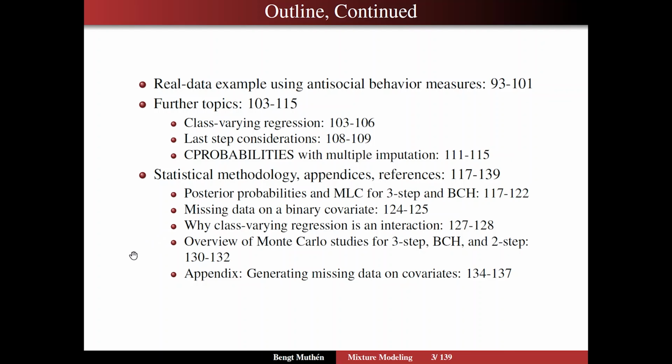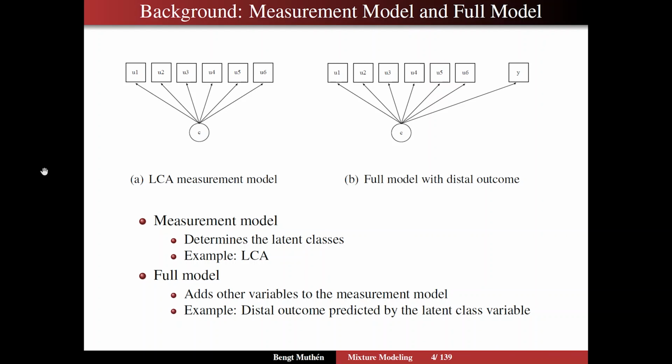And then I talk about various kinds of Monte Carlo studies that have been done in the literature for the three methods. And then I end with an appendix where I discuss how I generated the missing data on covariates for the simulated data sets.